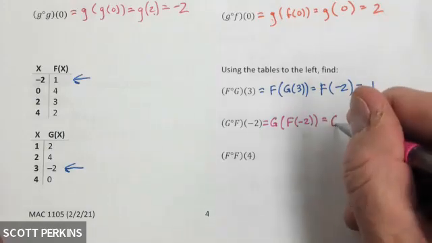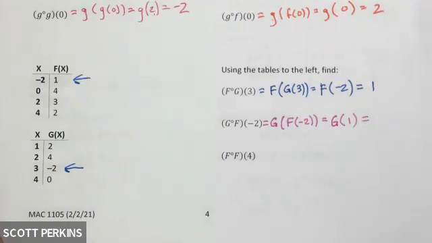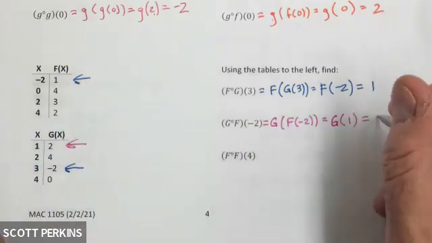We just did that one. So yes, that turns out to be 1. And then what is the value of G at 1? It's right here. The value of G at 1 is equal to 2.